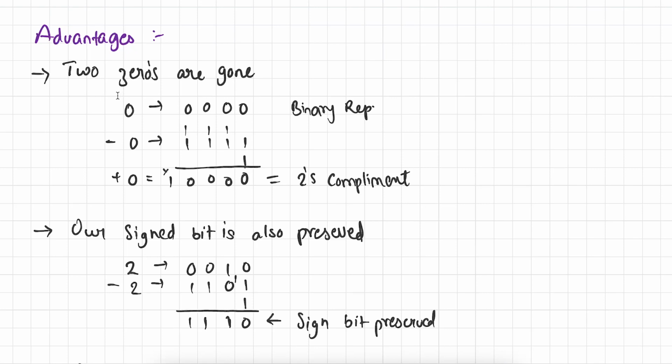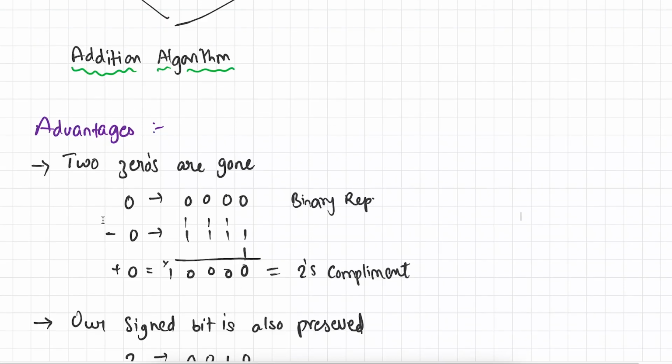The binary representation of number 0 is 0, 0, 0, 0. If I have minus 0 and I take the 2's complement of minus 0, again we get the positive 0 only. So here we have minus 0, right? What is the 1's complement of minus 0? 1, 1, 1, 1, right? Because in 0 all are zeros, so we simply invert all the zeros and it becomes all 1's.